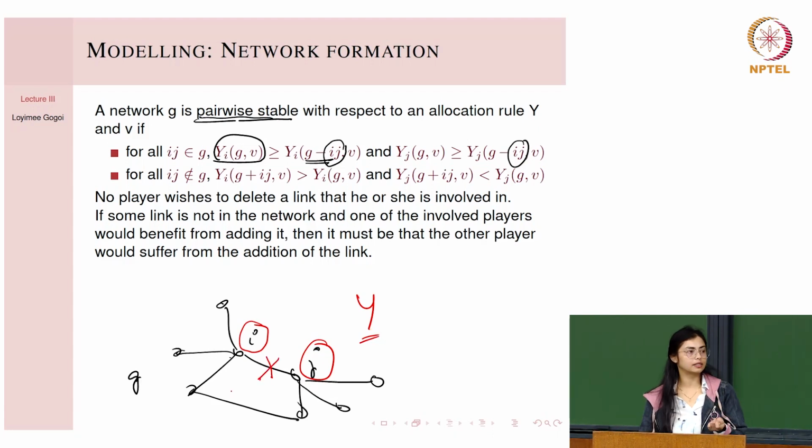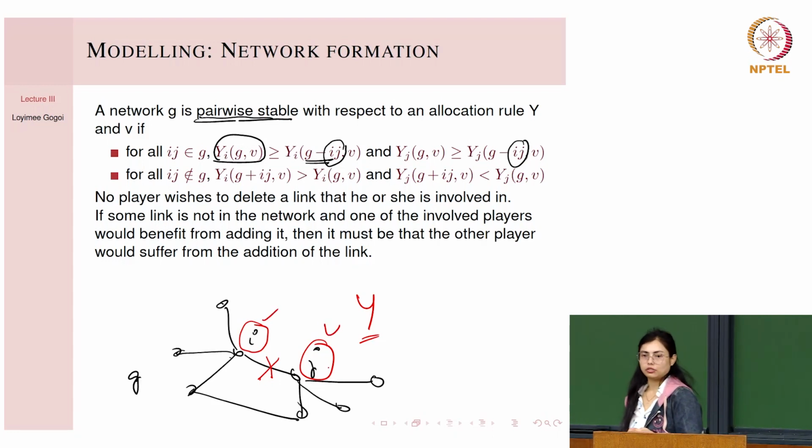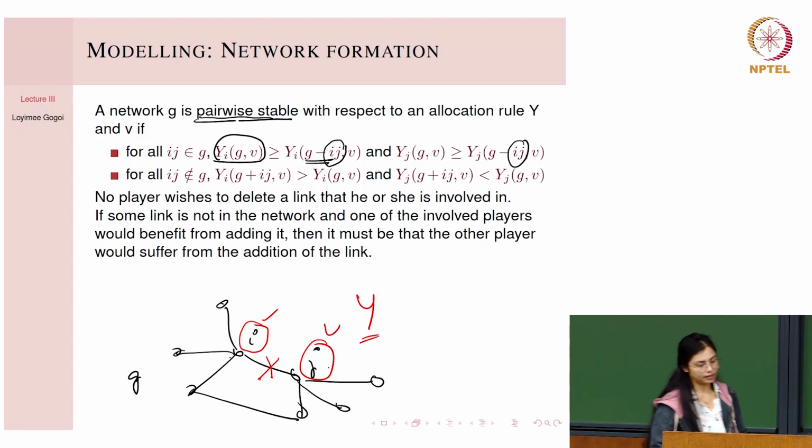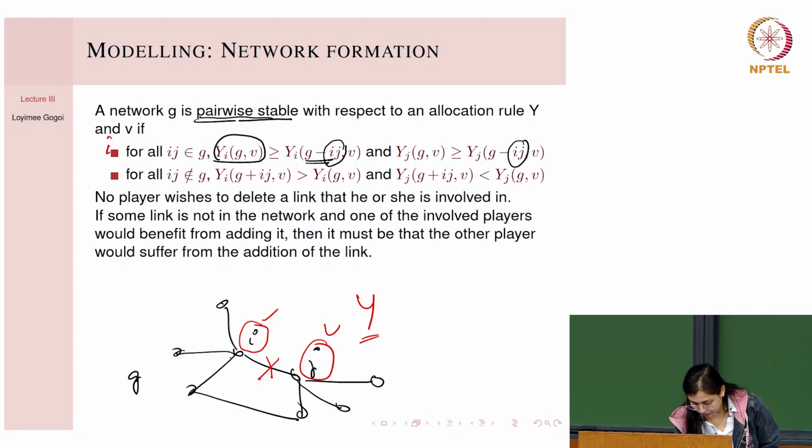If I delete this link, then i and j should get less, right? This is the first condition.